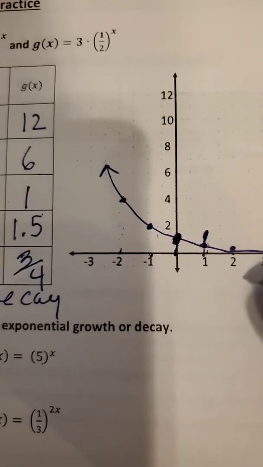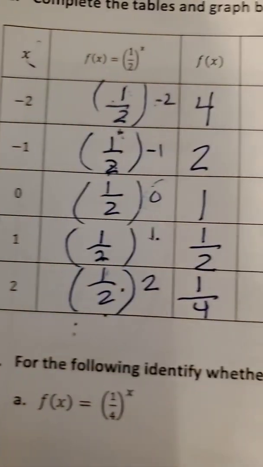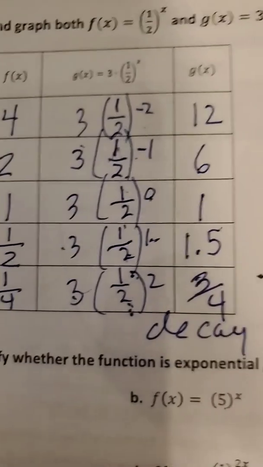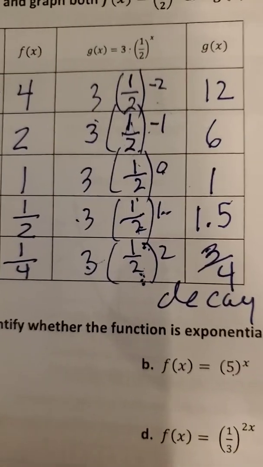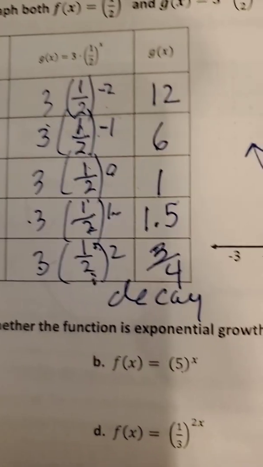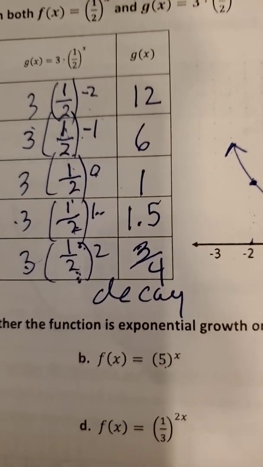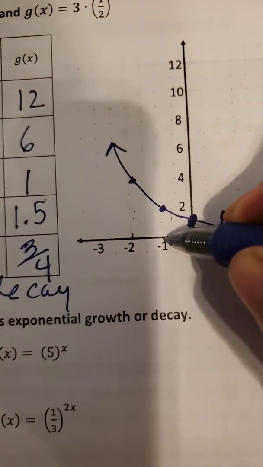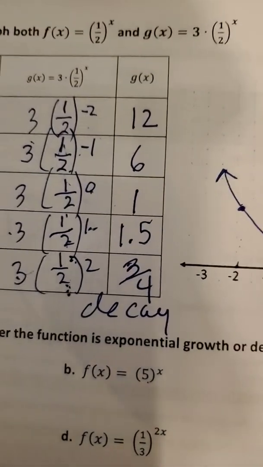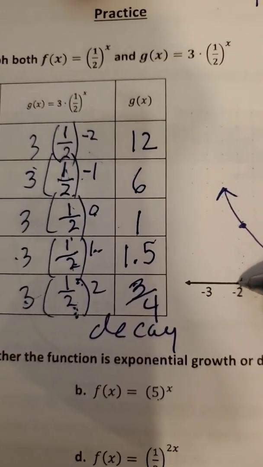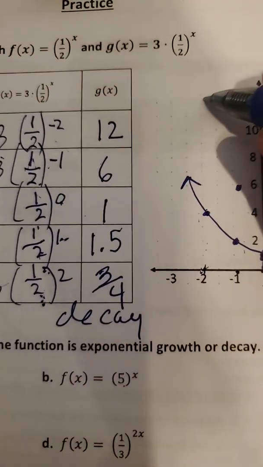Wait, I messed up. Okay, let's start over. So 0 is 1, and then 1 is 1.5, and then 2 is 3/4. Okay, I didn't mess up. We're good. And then we'll go to the negative side here. The negative side is up here at 6, and then -2 is up at 12.